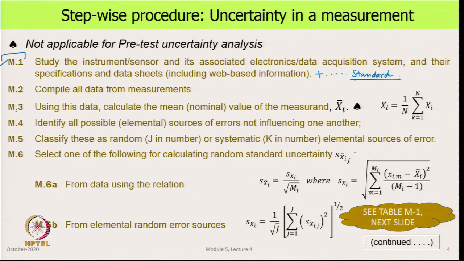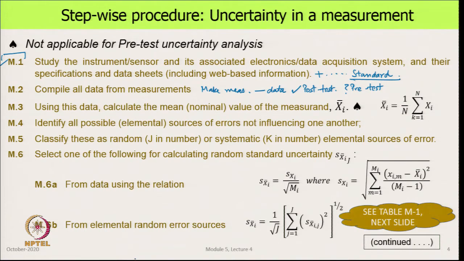We move to the next step, which is we go and get all the data that we got from the measurement. So, we made the measurement and we have data. Now, this is perfectly fine when we are doing post test uncertainty analysis. In pre-test uncertainty analysis, we do not collect data.